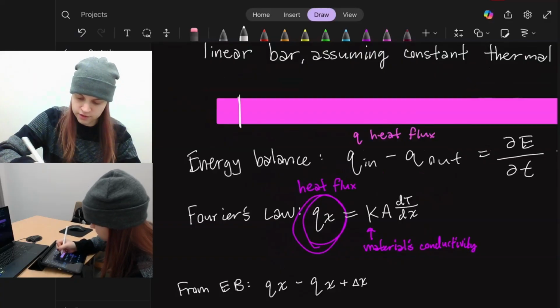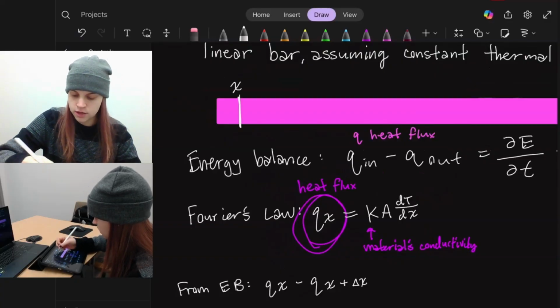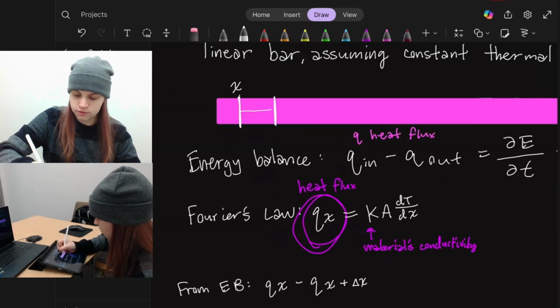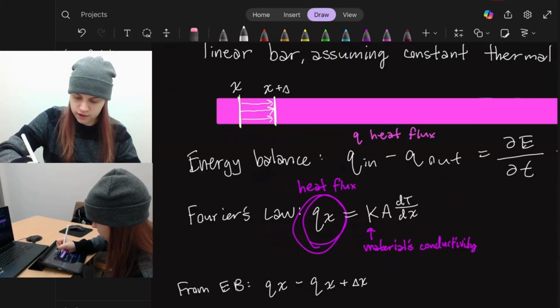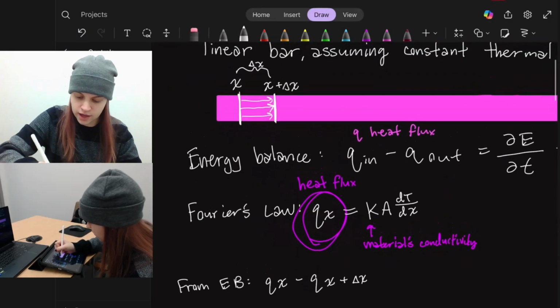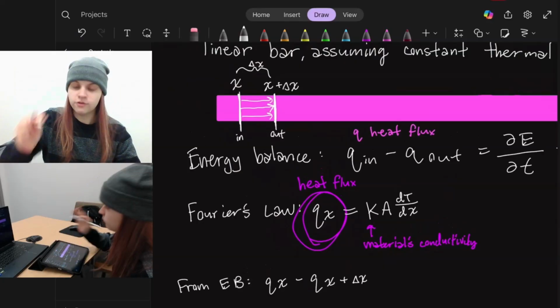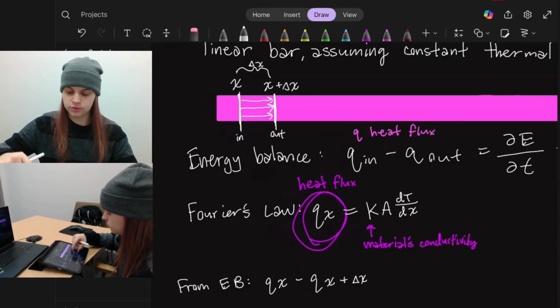This would be, for example, our x, and then if we were trying to look at what happens as we move to this new x value, which is x plus delta x, this right here being delta x. That's kind of what we're saying. We're looking at the in right here, out right there, just as an example.